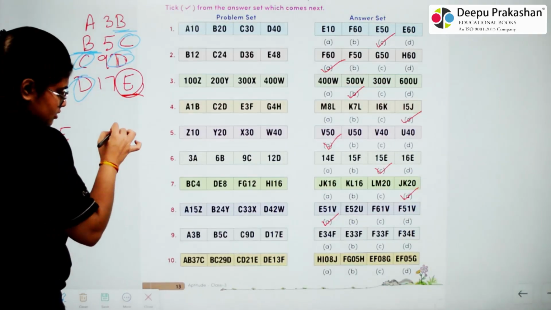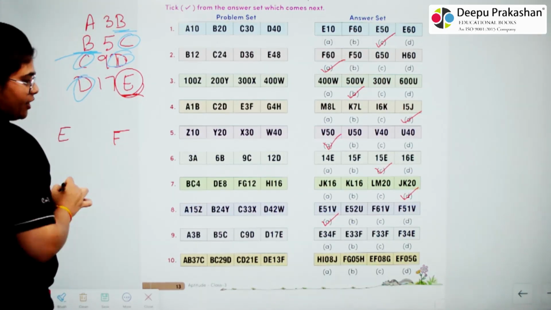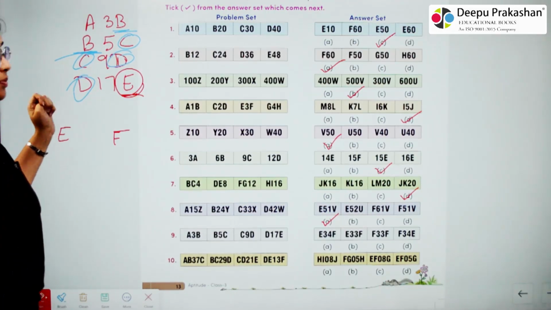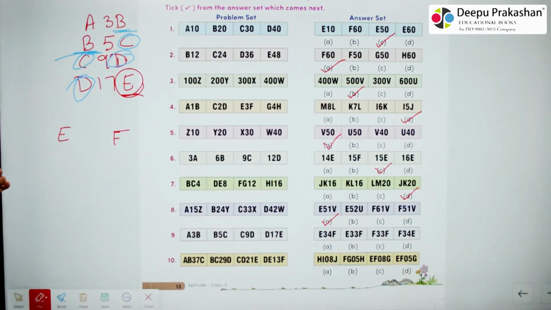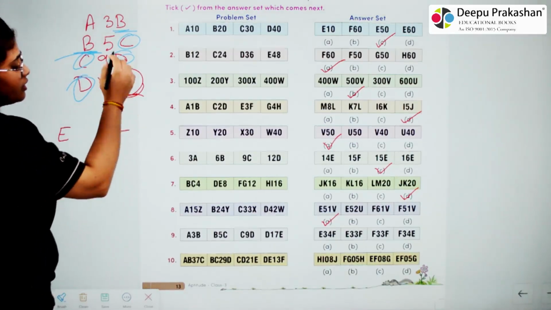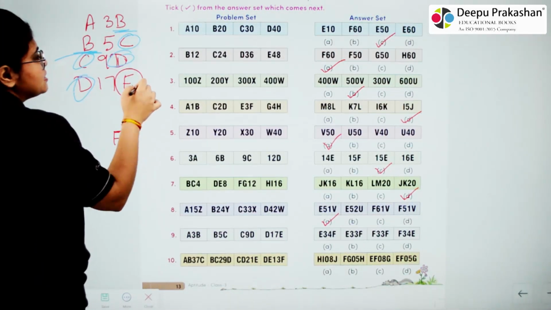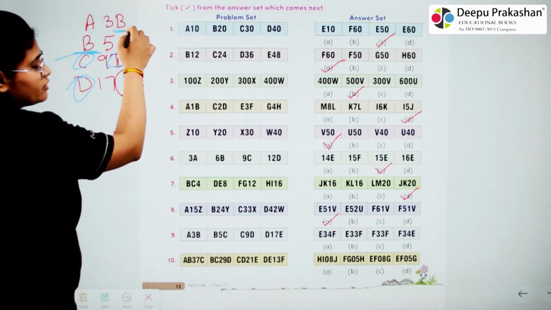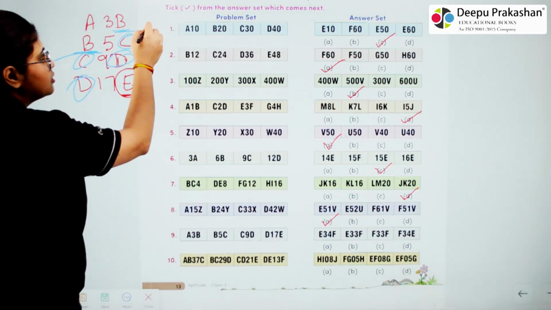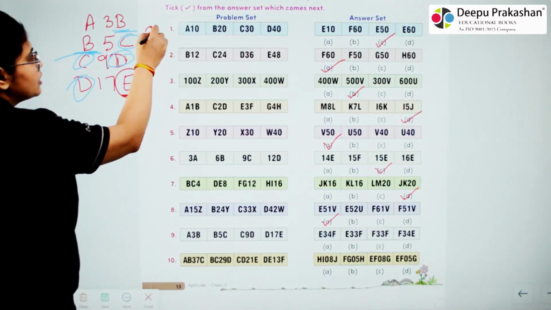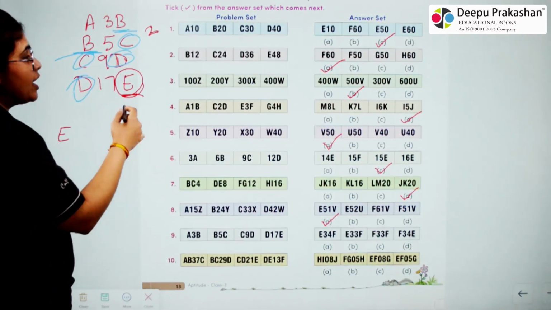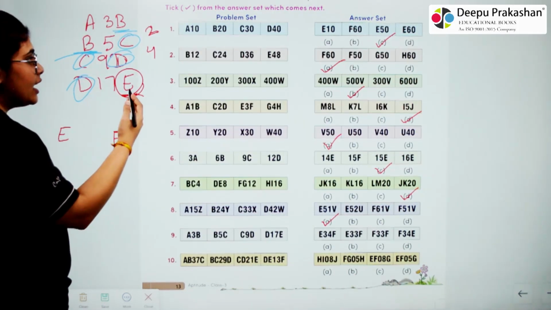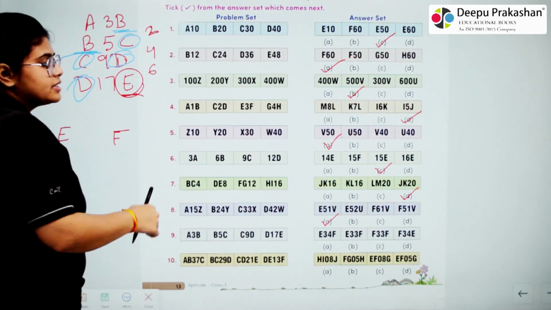And for the next letter, it will be F, as the letters present here are continuous. And for the number part, we need to see the difference between these numbers. If we subtract 5 and 3, we get 2. If we subtract 9 and 5, we get 4. And if we subtract 17 and 9, we get 6.